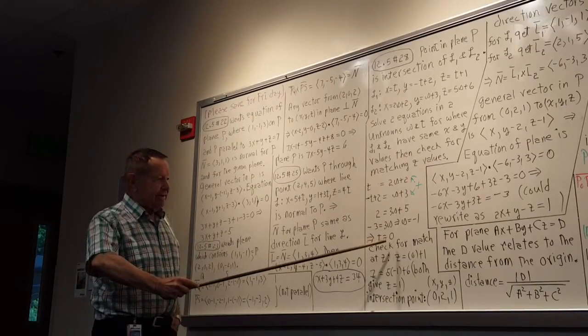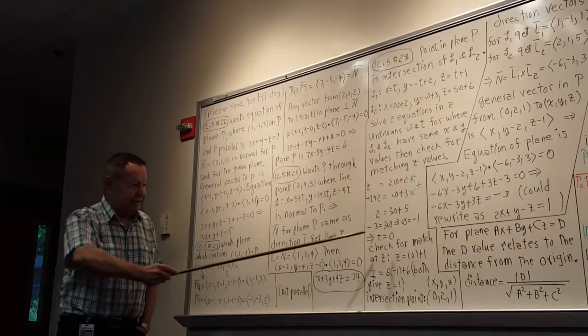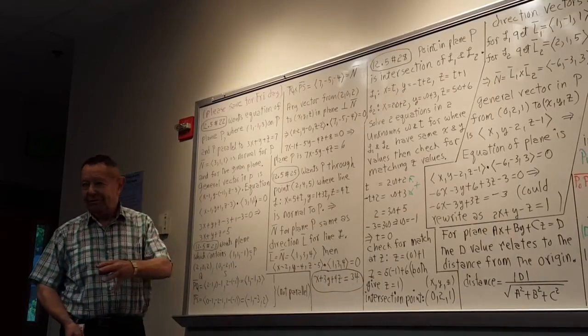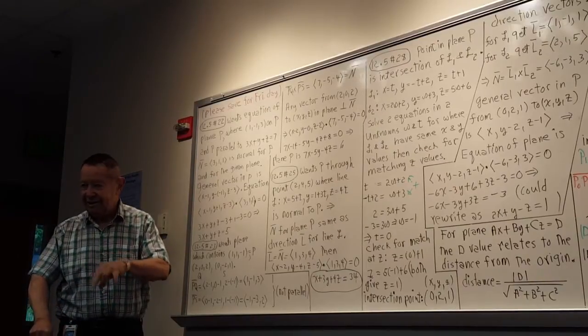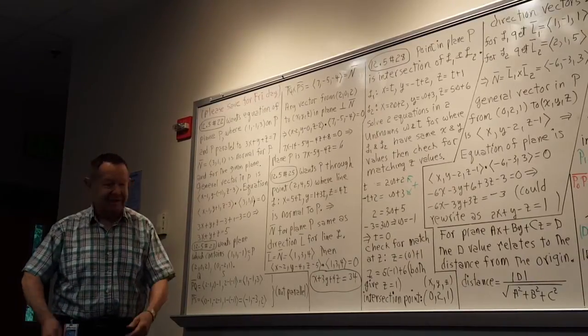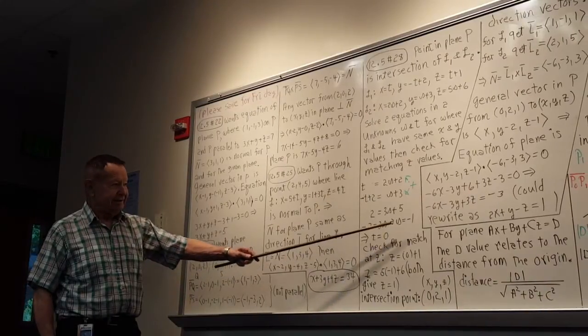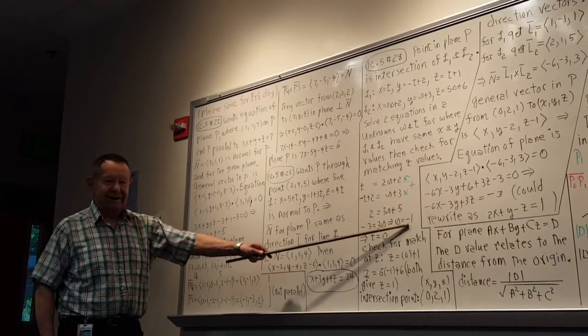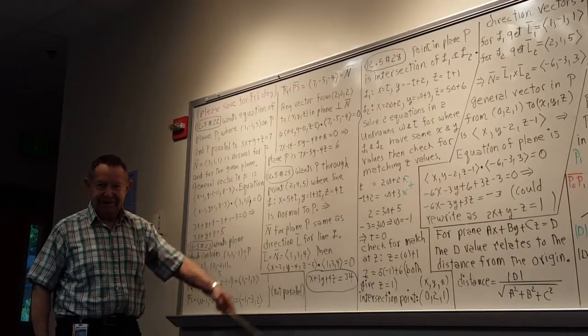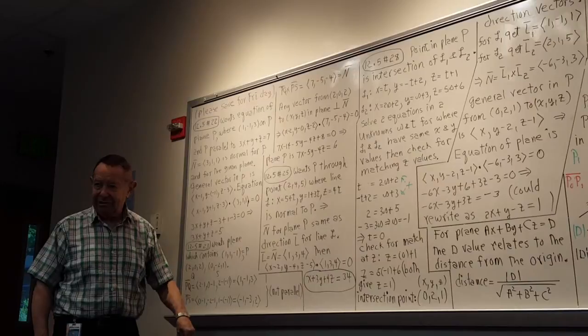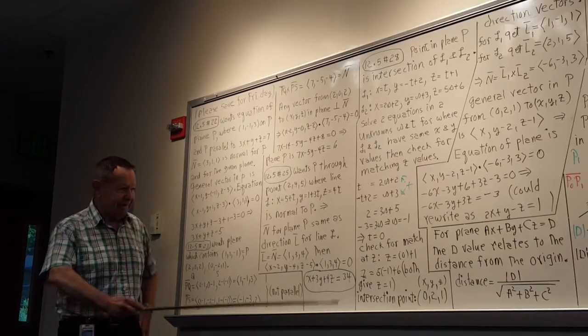So if these lines are going to cross, if you want to think of your parameter as time, what time is it? Well, it's time 0 on line L1, and it's time s equals minus 1 on line L2, where they're going through the same point, if they're going through it.